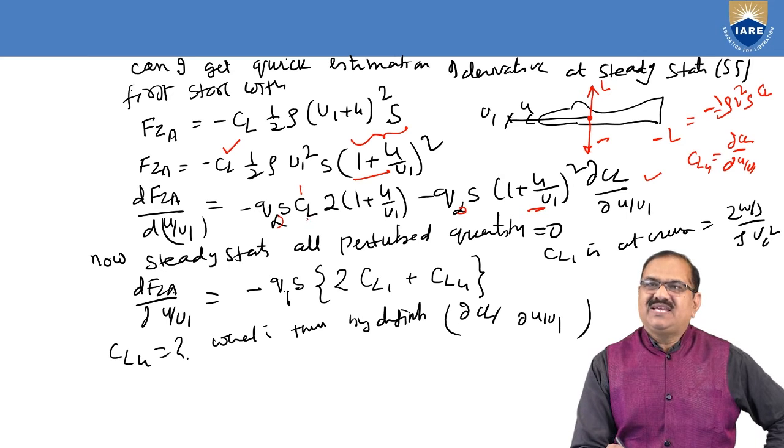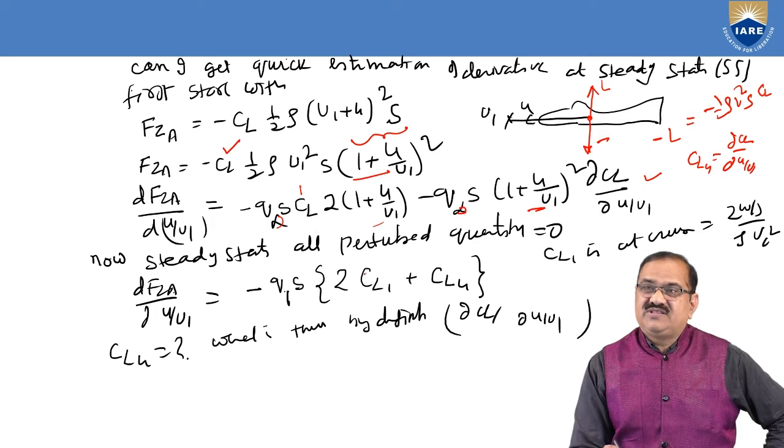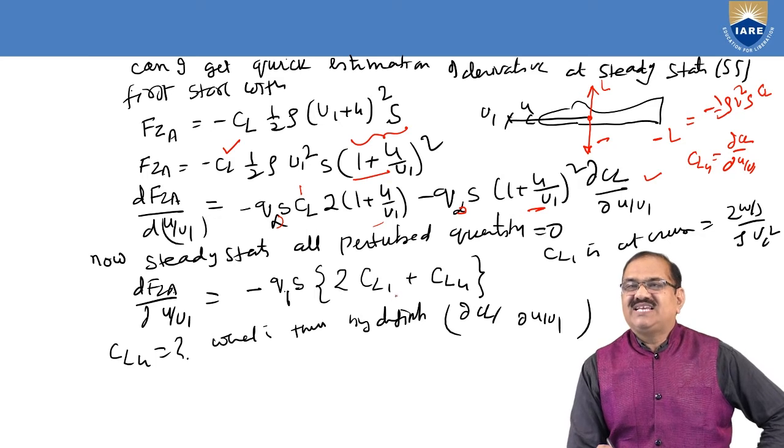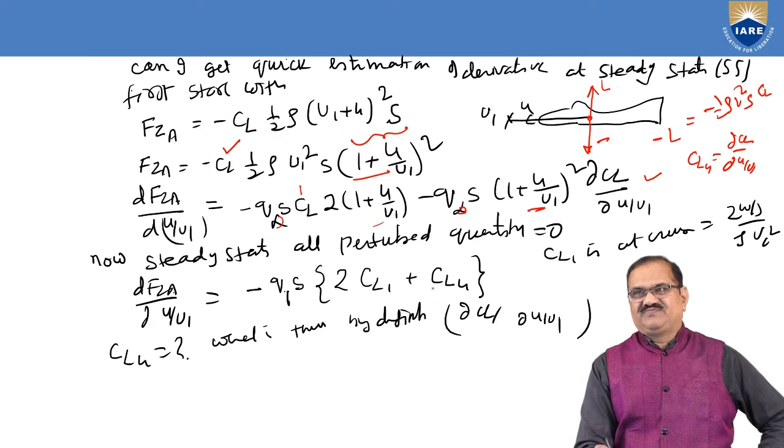This one will be CL here, because this will be 1 here, only CL, so this will become 2CL, and the CL will be CL1 for the steady state condition.